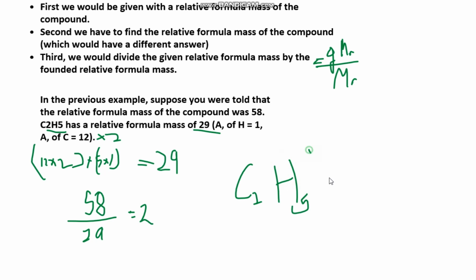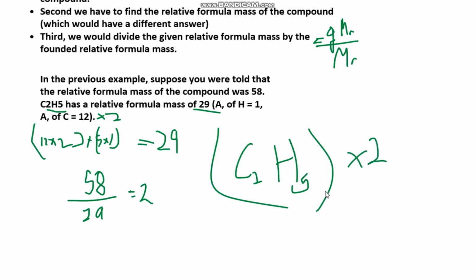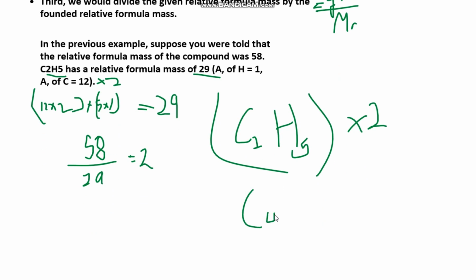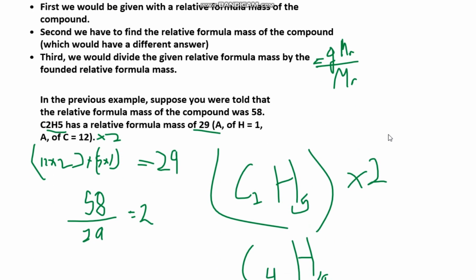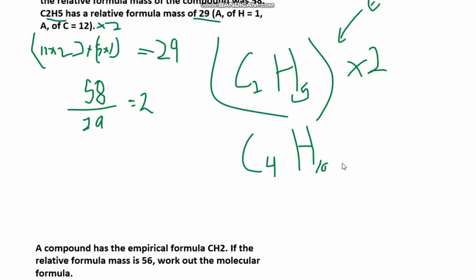The subscripts are multiplied by 2, so we get C4H10, which is the molecular formula. The other one is the empirical formula; this is the molecular formula.